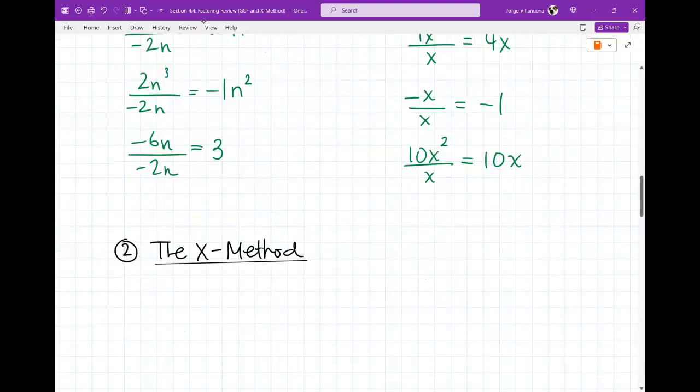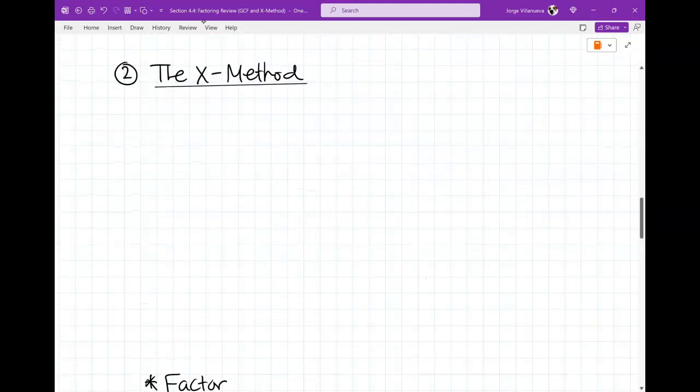But then we move on to this. Not that this is difficult. I know some people prefer the box method, but the reason why we always teach the X method is it's just more common. More people have seen it. That's why we stick with it. But you can do the box method as well. But I am going to show you both ways that the X method can be applied, okay?